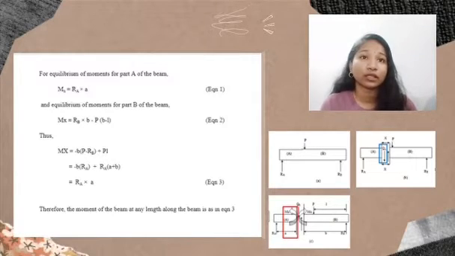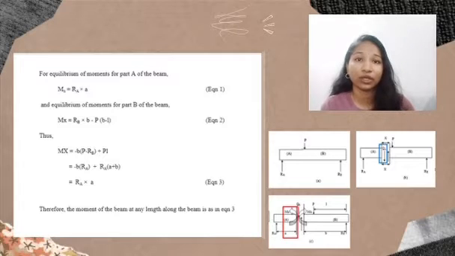Thus, the third equation will be Mx equals negative BP minus RB plus P1, which equals negative B times RA in bracket plus RA in bracket A plus B, and equation 3 will be RA times A. Therefore, the moment of the beam at any length along the beam is as in equation 3.